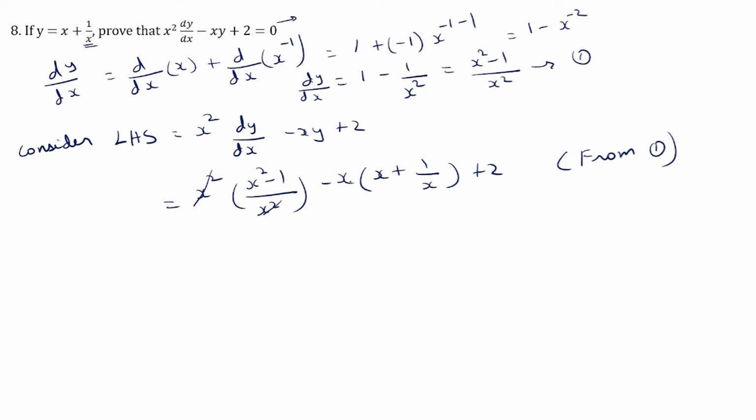Now these two x square will go. This let us simplify. It is x square minus 1 minus x square minus 1 plus 2. So we have minus 2 plus 2, which is equal to 0. This is equal to the right hand side.